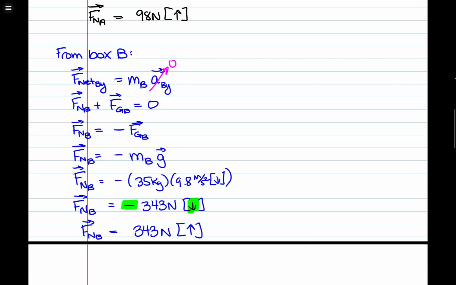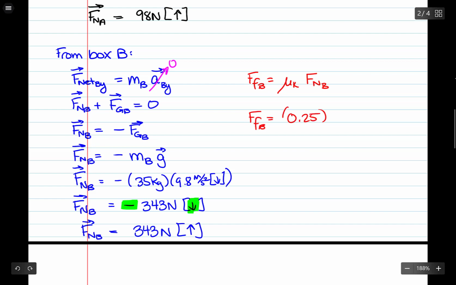Perfect. So now that we know the normal force, let's tackle the force of friction acting on box B. So the force of friction acting on box B is going to be equal to the coefficient of kinetic friction multiplied by the normal force acting on box B. And so that tells us that the force of friction acting on box B is 0.25, because that's the coefficient of friction acting between the surface and box B, multiplied by this 343 newtons.